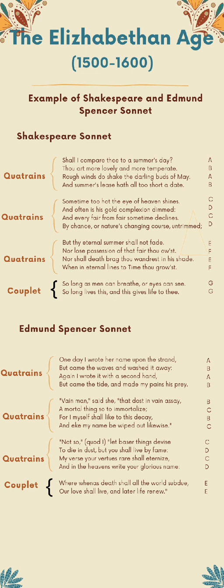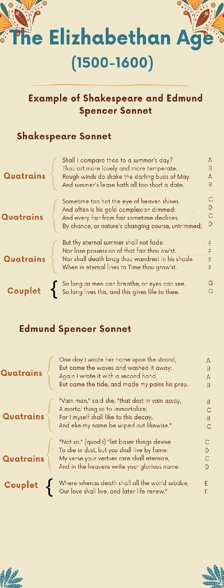And then we look into the rhyme scheme. The first quatrain, the rhyme scheme is A B A B. How? We can read the words at the ending. Day, temperate, May, dead. So the rhyme scheme is A B A B.